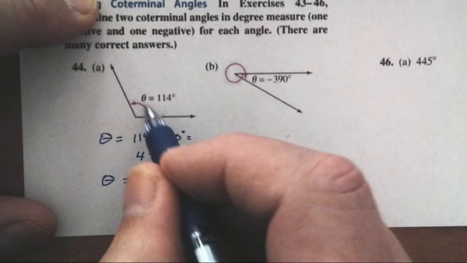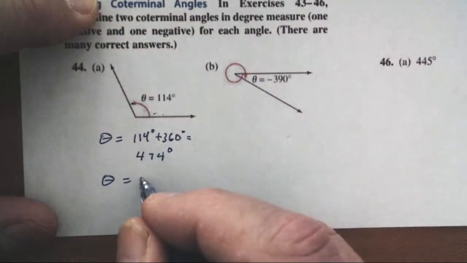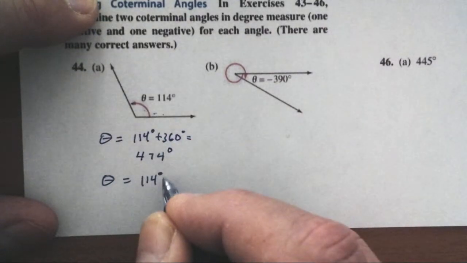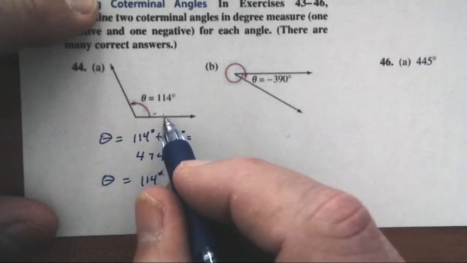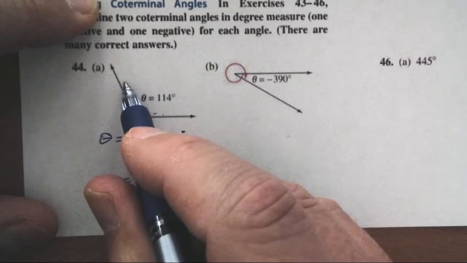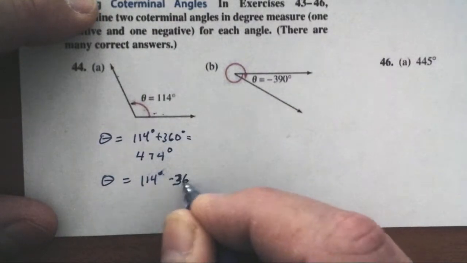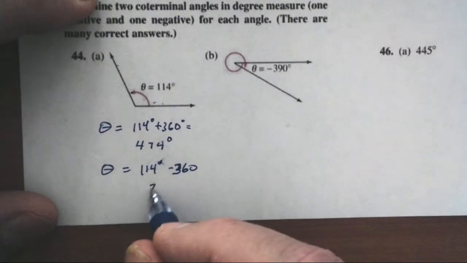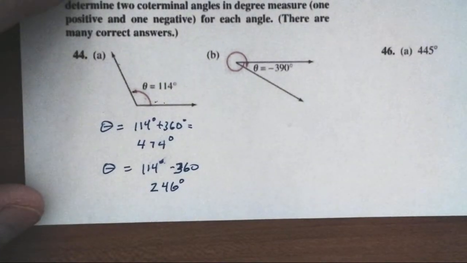Or I could spin 114 and then go backwards 360. Or go backwards 360 and then 114 and we terminate at the same place. Either way, minus 360. And what do we get there? 246 degrees.